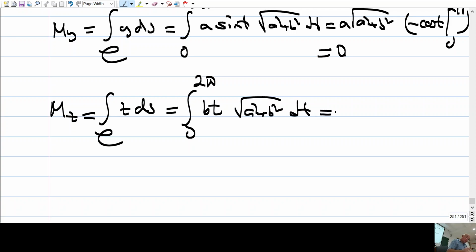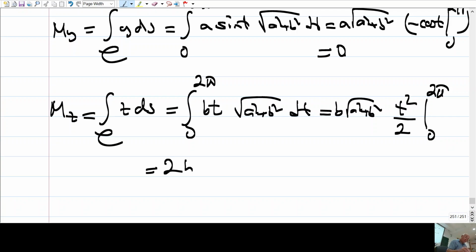So this is just b times square root of a squared plus b squared, and then integral of t, which is just t squared over 2, 0 to 2 pi. So this is just 0 koyunca 0, bunu koyunca 4 pi kare, 2'ye böldük. 2 pi kare, 2 pi squared b times square root of a squared plus b squared.